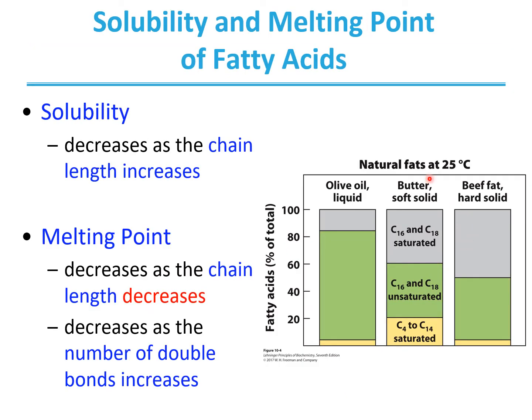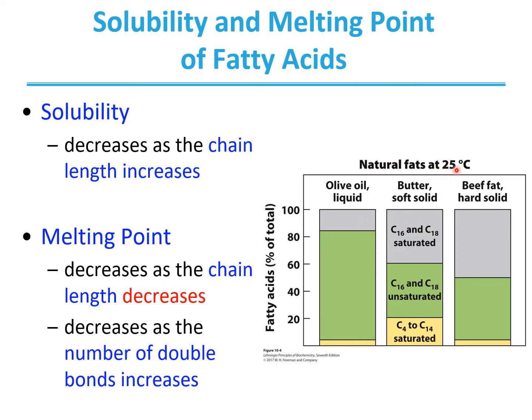These are examples of some naturally occurring fats that you have in your kitchen. Olive oil, for example, is liquid, because if you look at the proportion of unsaturated fatty acids compared to saturated fatty acids, there is a high proportion of these, especially monounsaturated fatty acids.